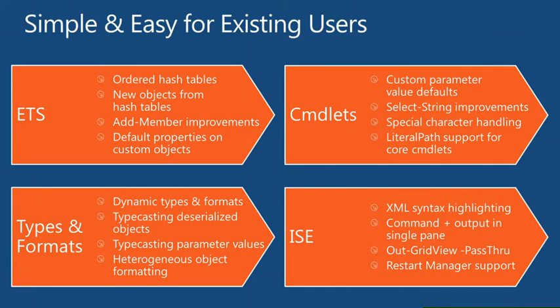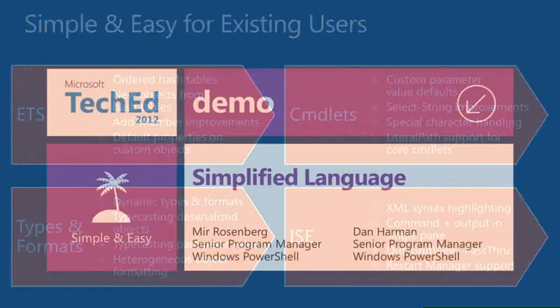We made that a lot easier. And then commandlets. Of course, we have a lot of commandlets in Server 2012, but in core PowerShell, we've added a lot of new commandlets and made improvements to existing commandlets. And then even in the ISE for advanced users, we have things like XML syntax highlighting, and we've combined the command and output pane into a single pane.